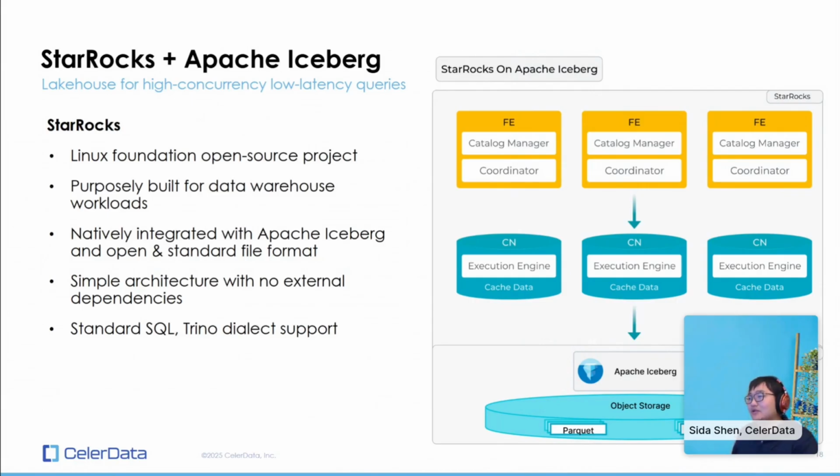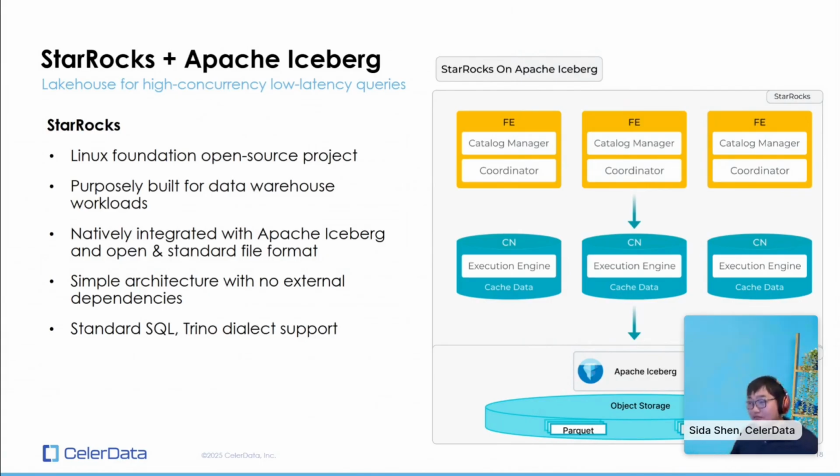It natively integrates not only with Apache Iceberg, but also with Delta Lake, Apache Hudi and Apache Paimon, to create that kind of high concurrency, low latency query experience on top of open and standardized file and table formats.